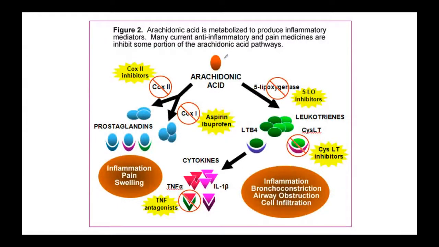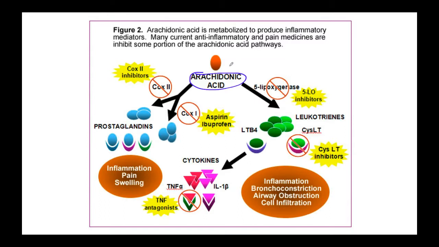Now, within a cell membrane, we have something called arachidonic acid. That's within the phospholipid bilayer of the cell. When there's pain, the pain is stimulated by something called bradykinin.